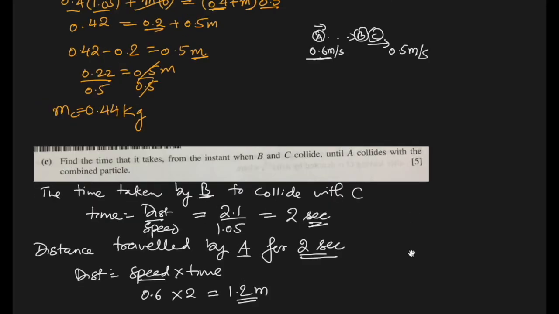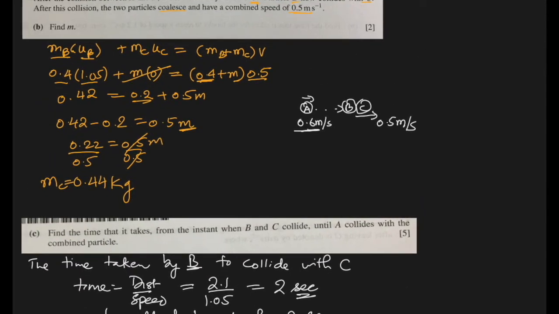So let's visualize this. When A was coming here, the distance from this point of collision of A and BC here was 2.1 meters. When they collided, after 2 seconds, A had traveled 1.2 meters.